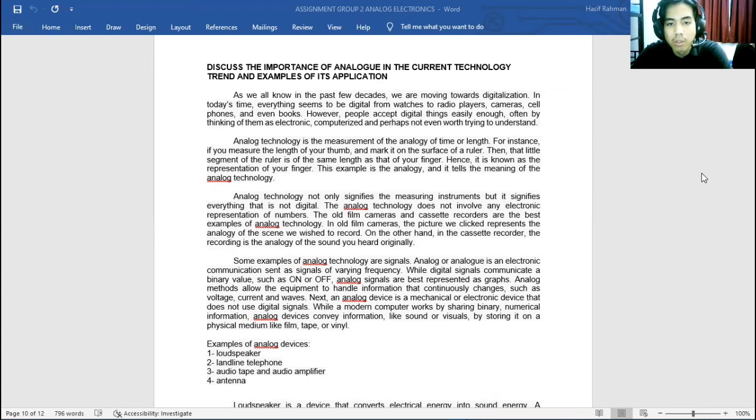Next, an analog device is a mechanical or electronic device that does not use digital signals, while a modern computer works by sharing binary numerical information. Analog devices convey information like sound or visuals by storing it on a physical medium like film, tape, or vinyl.